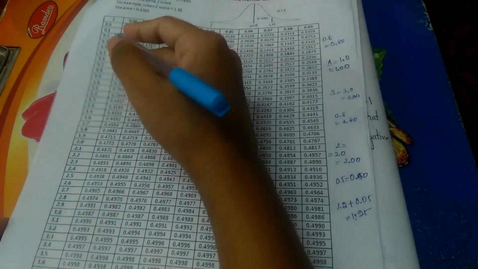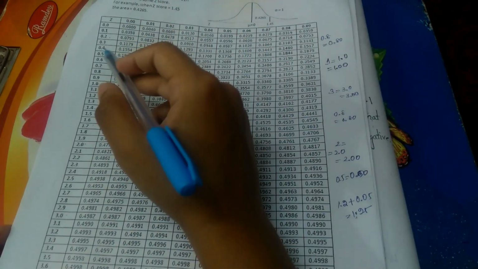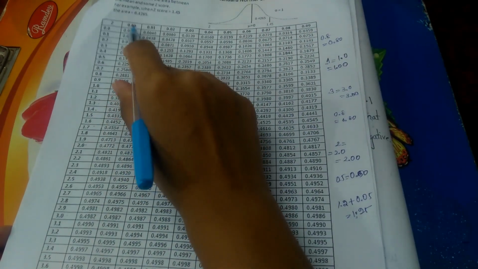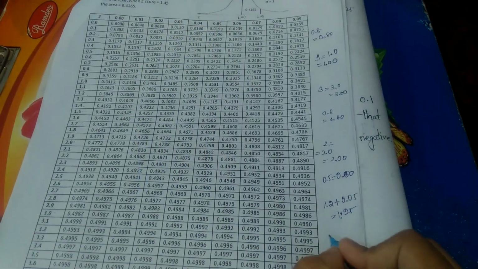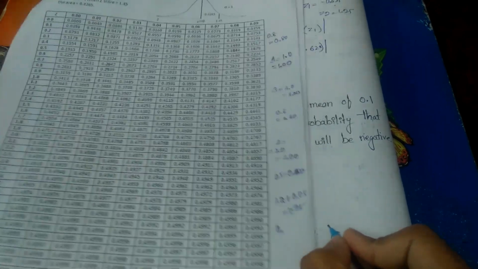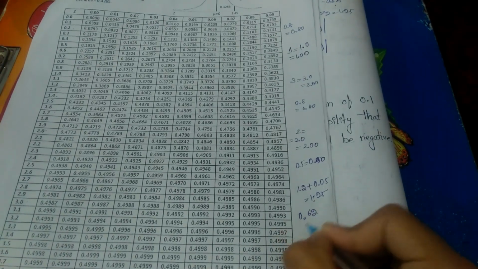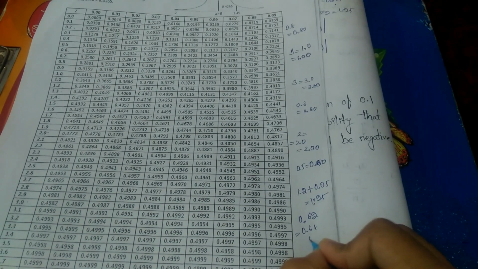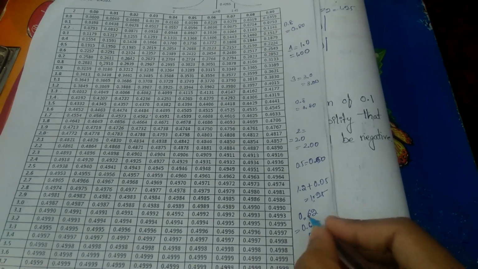Now from the first column take the 0.6 and from the first row take 0.02. As we have 0.62, this means 0.6 plus 0.02. So when I add these two, I get back 0.62.